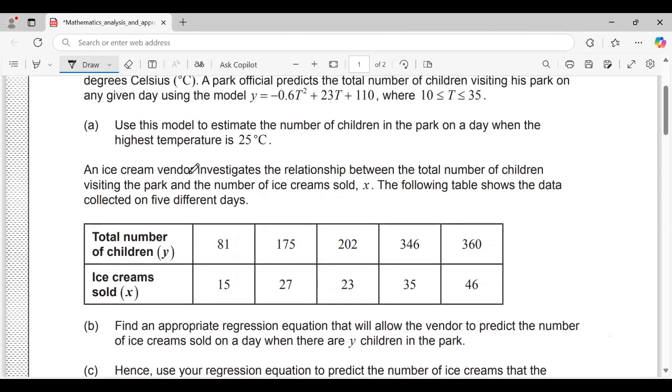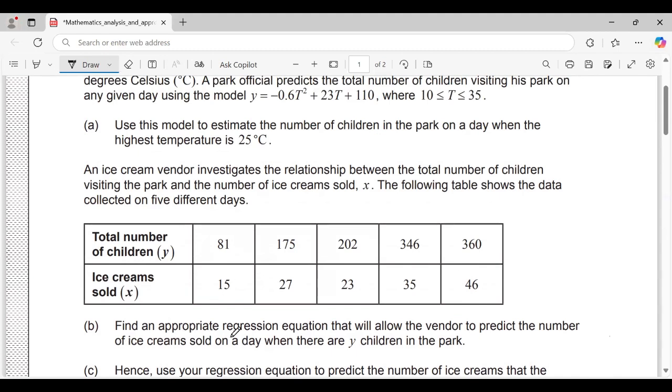An ice cream vendor investigates the relationship between the total number of children visiting the park and the number of ice creams sold, X. The following table shows the data collected on 5 different days. This is the data.